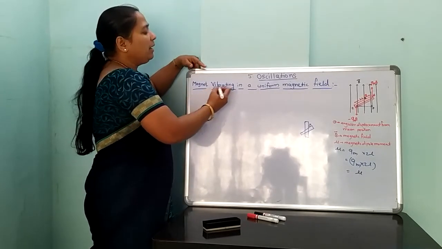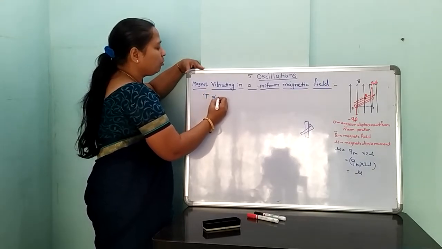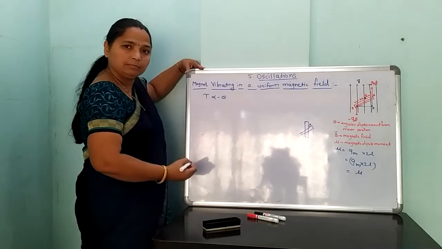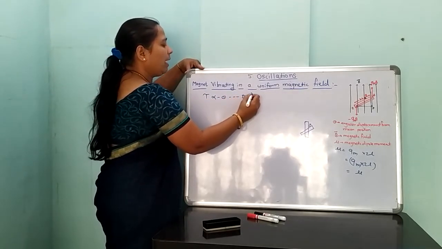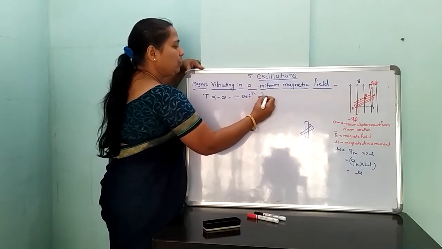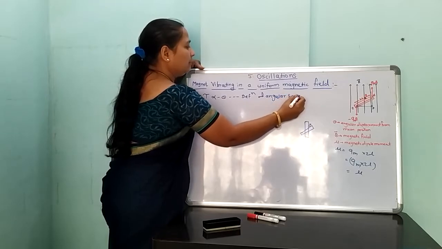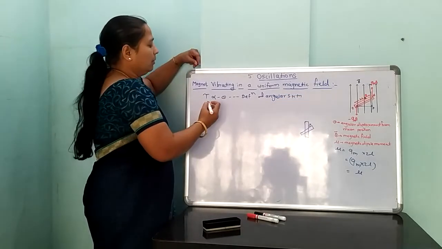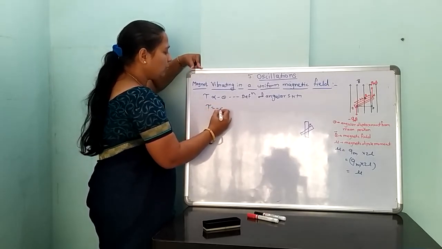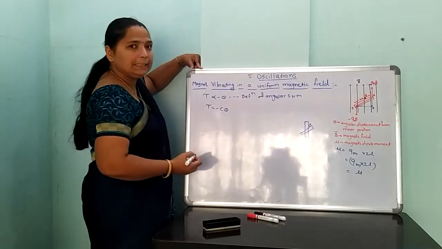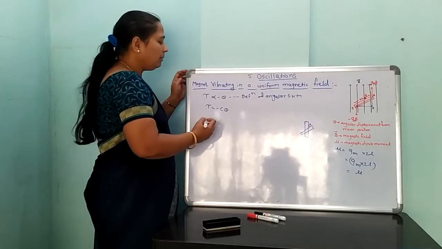Therefore, the torque acting on it is directly proportional to minus theta. By the definition of angular SHM, torque is equal to minus C into theta.